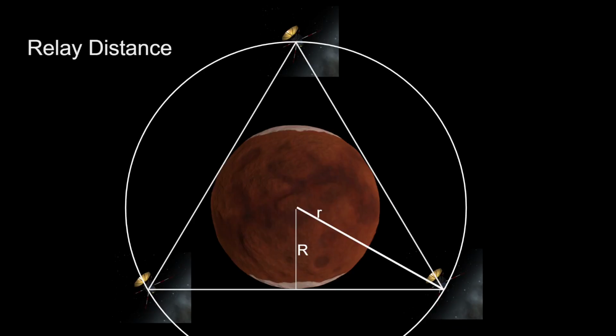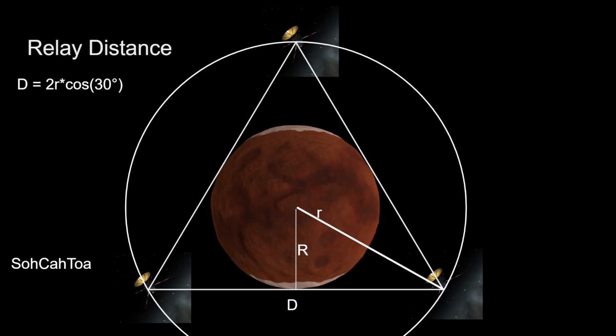Now, for relay distance, we've determined how high up you need to put your relays. We know how far relays can communicate to each other. So then what relay antennas do you need to put on your satellite in order for them to talk to each other? So again, let's bring back trigonometry. Half of this distance here, well, we've got our orbital height, got an angle here of 30 degrees.